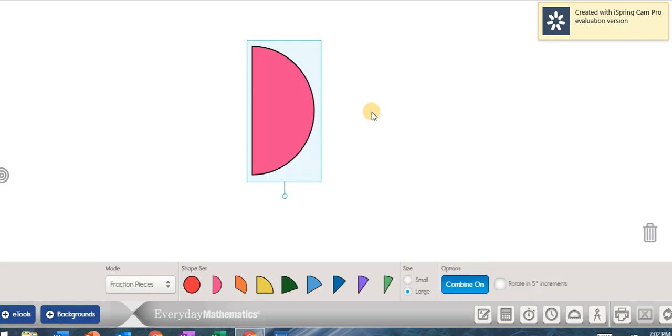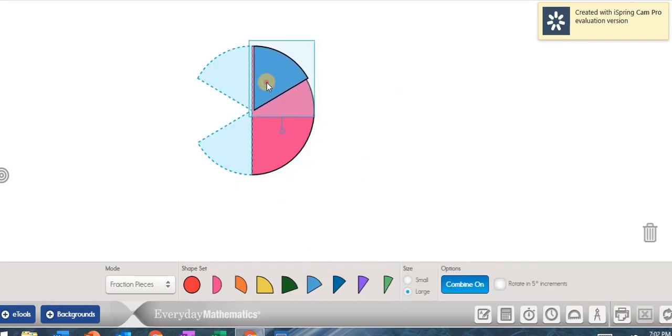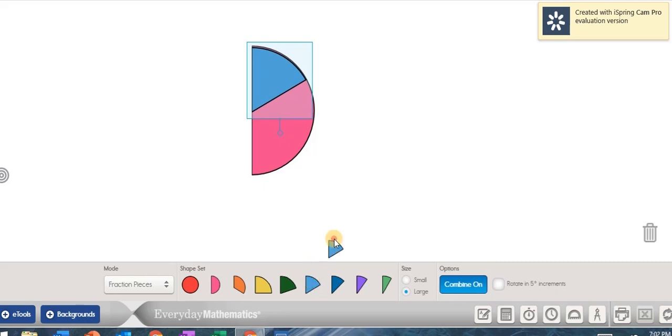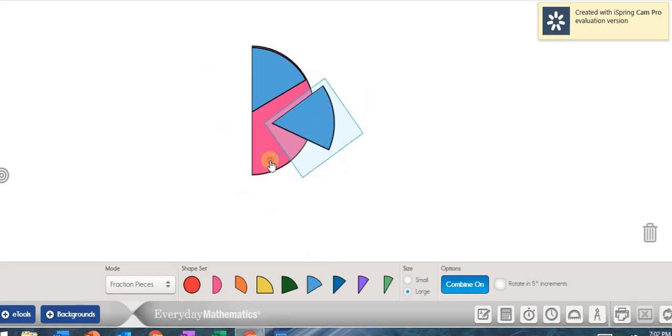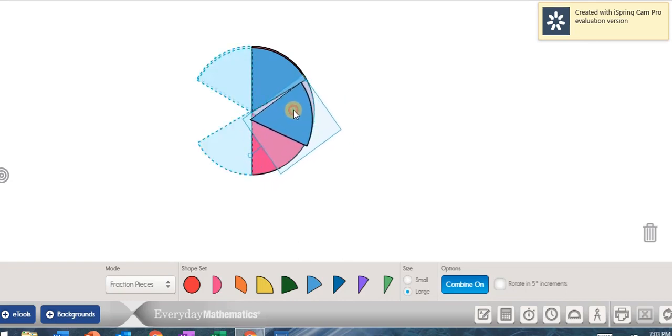If I have this 1/2 meter rope, how can I divide this piece into 3 equal sized pieces? I would try all these pieces, but hopefully you remember your light blue piece is the one that will cover this pink piece with 3 equal pieces.